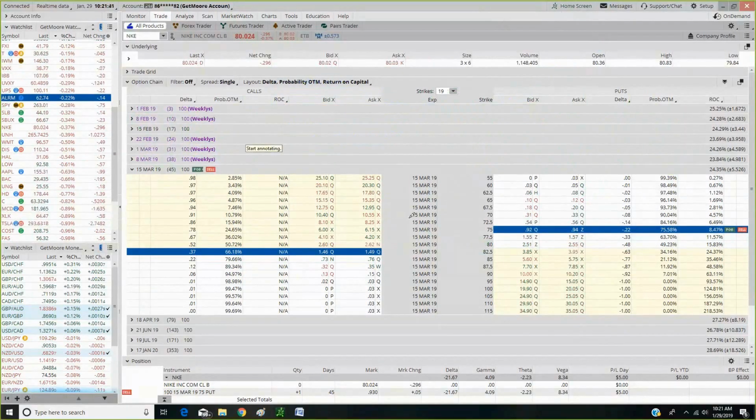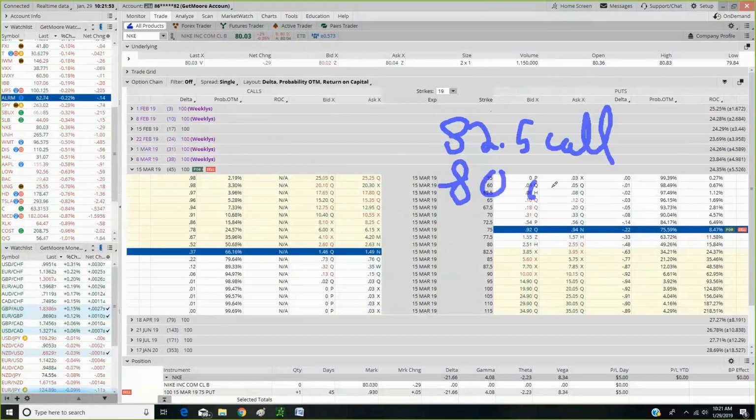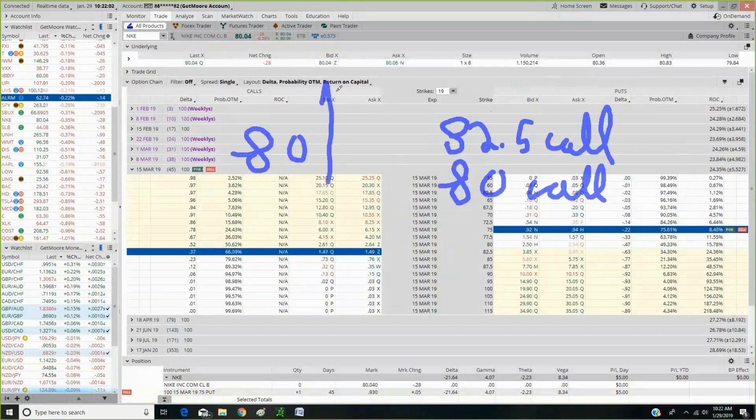So let me say this. I'm going to keep going over it again. If I sell the 82.5 call and I buy the 80 call and the stock is at $80, what I want to happen is the stock to go up.